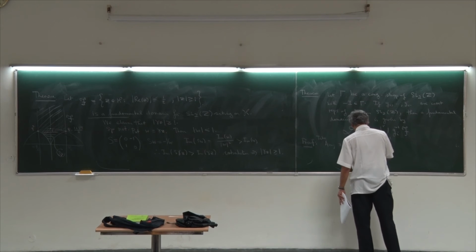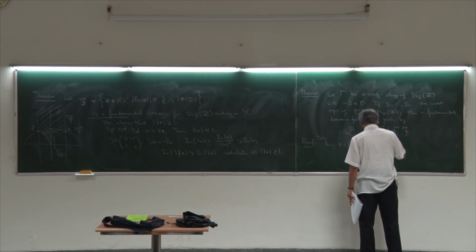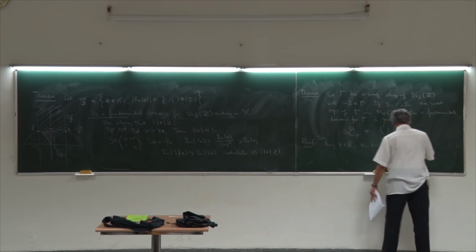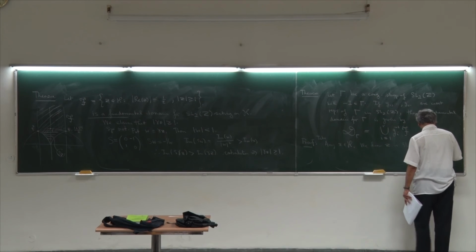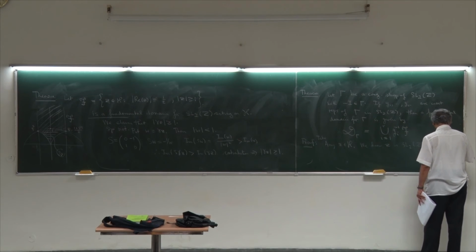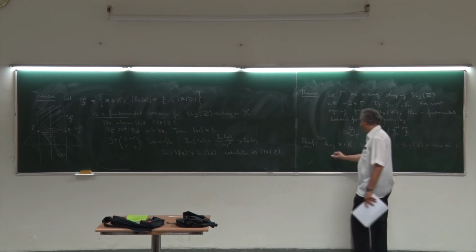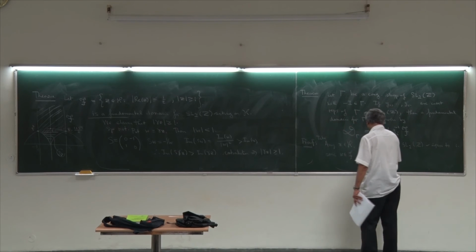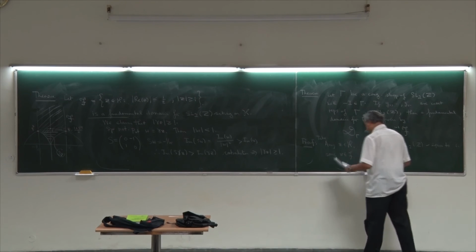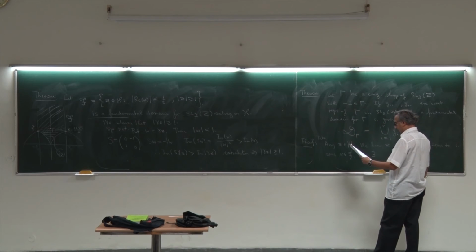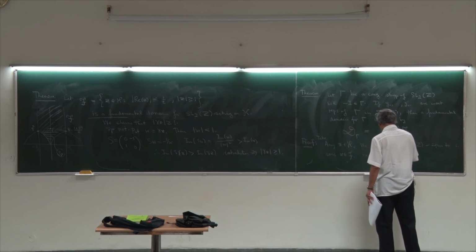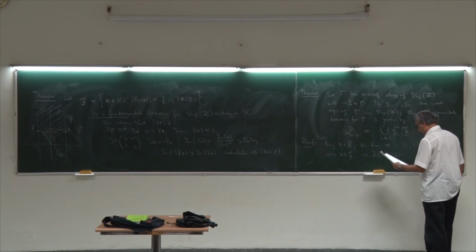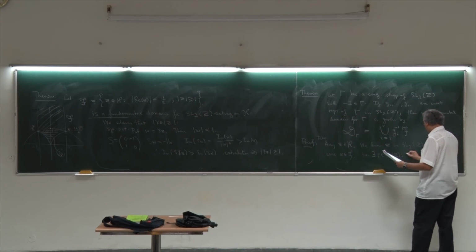We know z is SL2Z equivalent to some W in the standard fundamental domain, right? I.e., there exists, what did I call it, tau? Okay, there exists tau in SL2Z such that W equals tau Z.